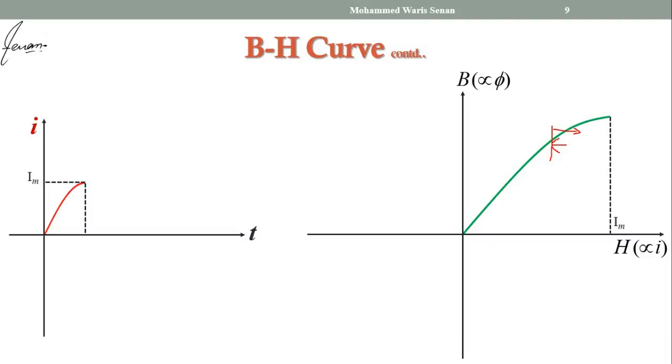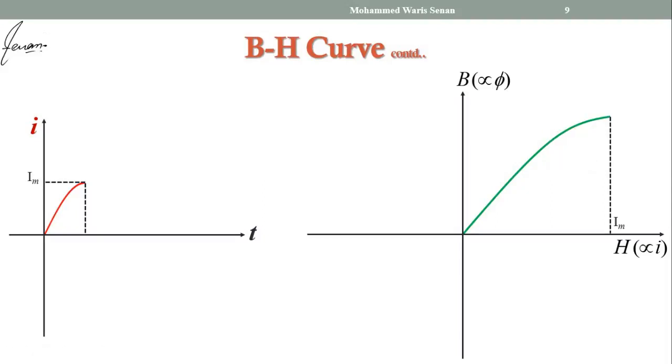So this point is called the point of saturation. Now the magnetic material is saturated. There are no more magnetic dipole moments left which can align themselves in the direction of the applied magnetic field, so there will be very little increment in B. After this, the substance gets saturated.